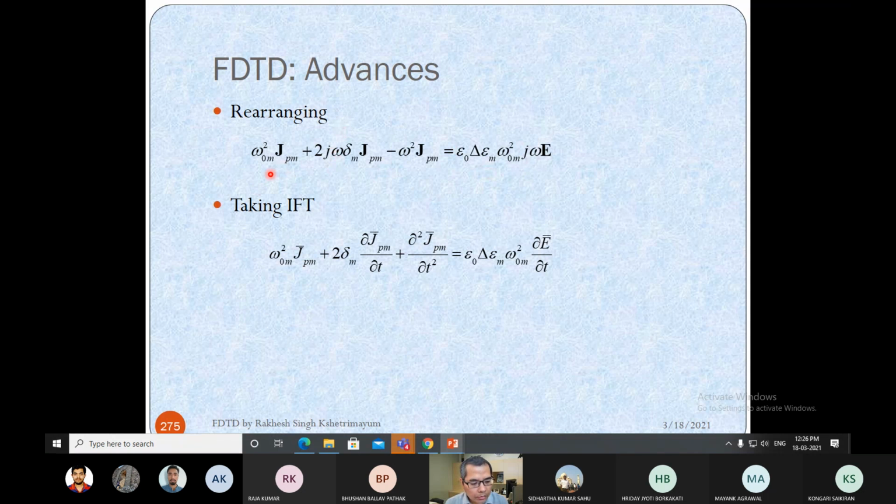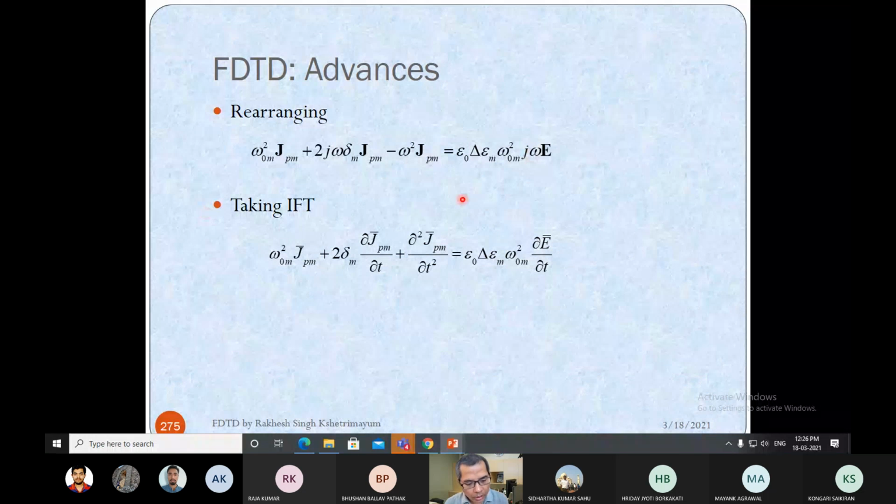The first term is independent of time, the second term is dependent on time with j omega, so del by del t. The third term is omega squared, so del squared by del t squared. The last term on the right hand side is del E by del t because we have j omega here. So this is the time domain equivalent of this frequency domain relation after you take the inverse Fourier transform.